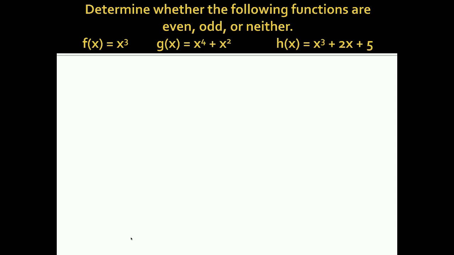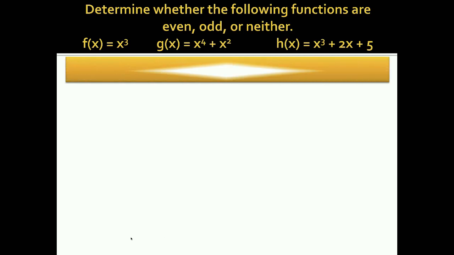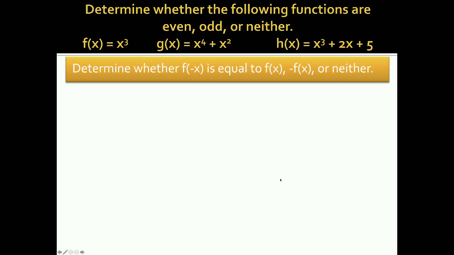So the test is we're going to plug in negative x into the function, and we're going to see how that compares to the original. So determine whether f of negative x is equal to the original, the opposite of the original, or neither.